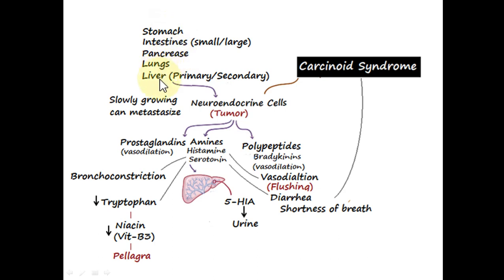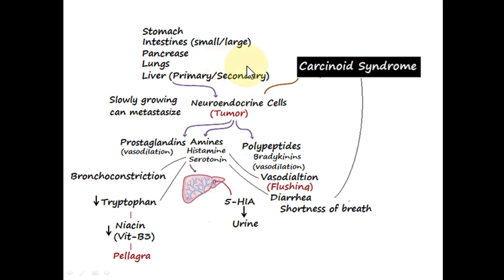In the liver, the neuroendocrine tumor may occur as a primary tumor, or it may result from metastasis from other areas.